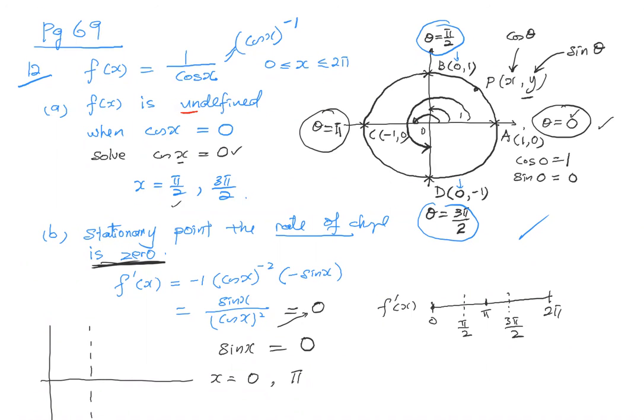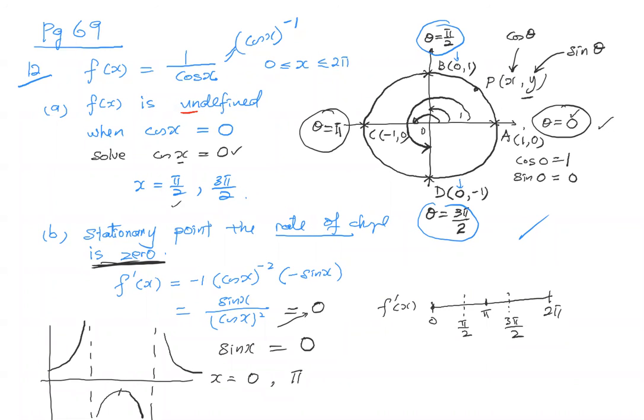There are 2 asymptotes, right? 0 is here. Then the other one goes like that. Do you get this graph?